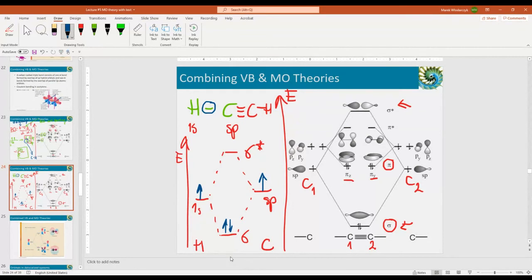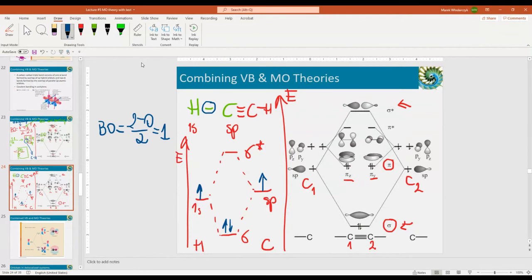There are two things left to complete the structure. The first thing is you can calculate the bond order. The bond order will be two electrons from the sigma bond, so 2 minus 0 electrons on anti-bonding, divided by 2, so that's 1.